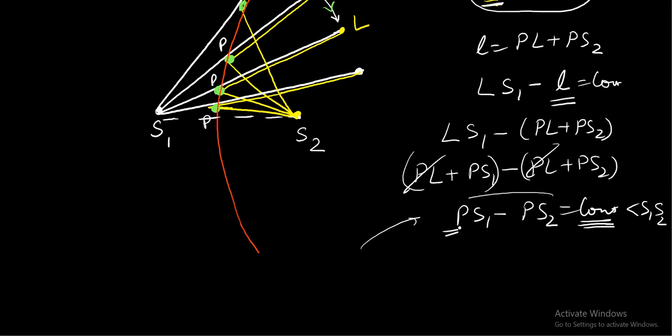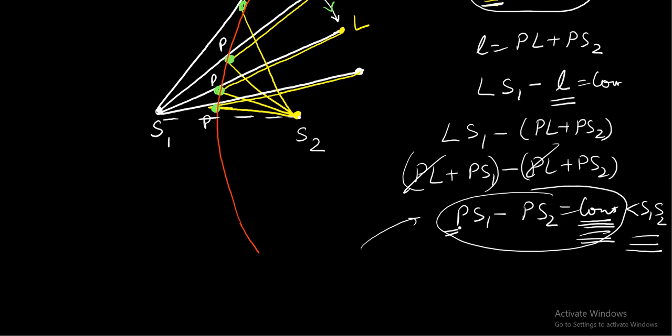We are getting the basic condition through which we have defined a hyperbola. हम hyperbola कैसे define करते हैं? Hyperbola को define करने का एक तरीका ये भी होता है कि P is a point in the plane where the two fixed points S1 S2 lie, and P moves in such a way that PS1 minus PS2 is always a constant. So I am getting a constant every time, and that constant has to be less than S1S2. Under this constraint, point P will start tracing a hyperbola.